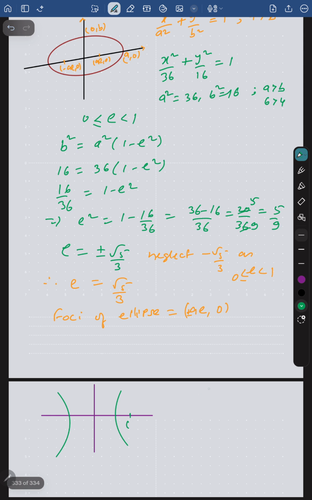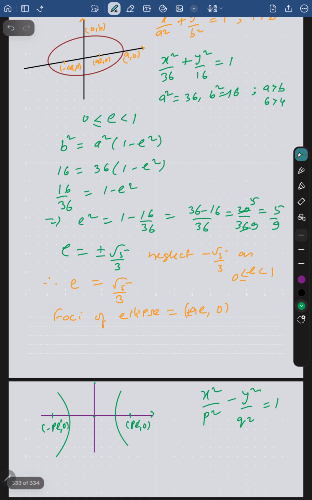In this case, we will write the equation as x square upon p square minus y square upon q square equal to 1. So the foci are (pe, 0) and here (minus pe, 0). We write e as e dash, the eccentricity of the hyperbola, and this is again the origin.